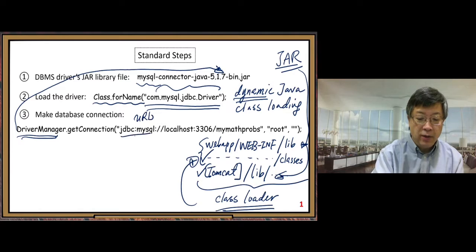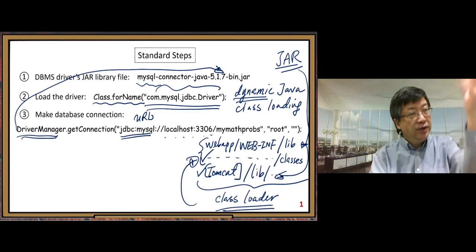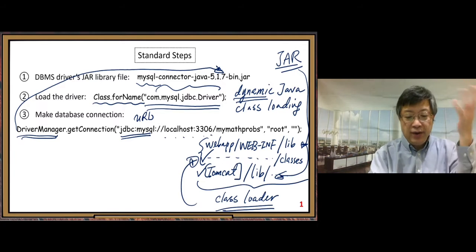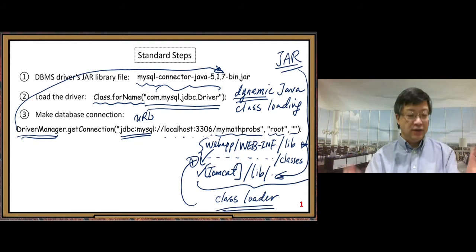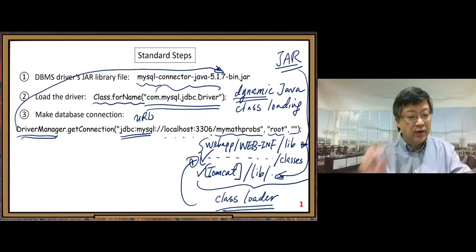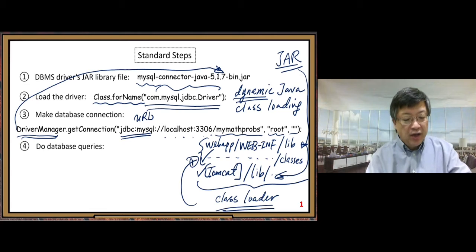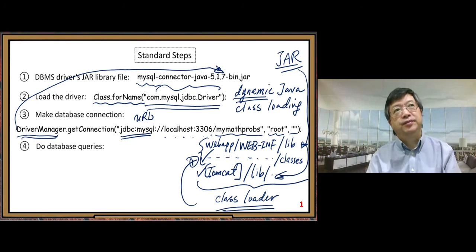The URL has the protocol jdbc:mysql, then the domain name, port, database name, then username, password. Then a database connection object is created. That's step 3. Step 4, do database queries.